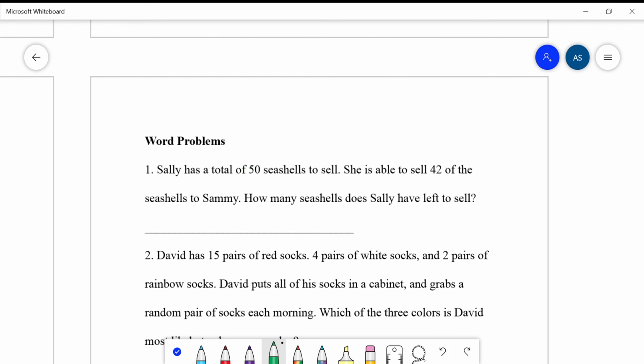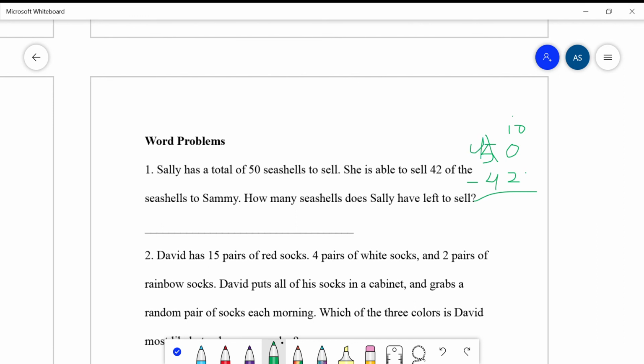And so if we line them up again, 50 minus 42. We can't subtract 2 from 0, so you're going to be borrowing 10 from 5.